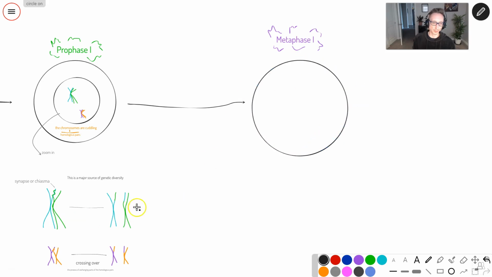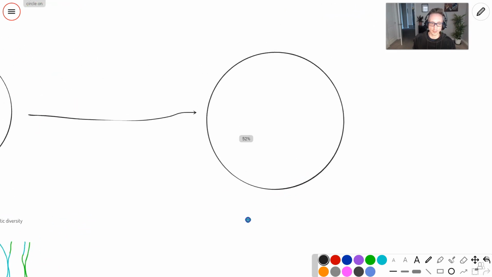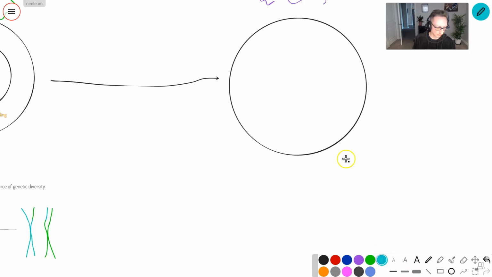Okay, so our chromosomes are going to line up, and they're going to look like this, right? We've done this little crossing over thing, so we need to represent that. I'm going to draw them a little thicker. A blue with a little bit of green at the top. And the homologous pairs line up next to each other. We've got a green with a little bit of blue at the top.